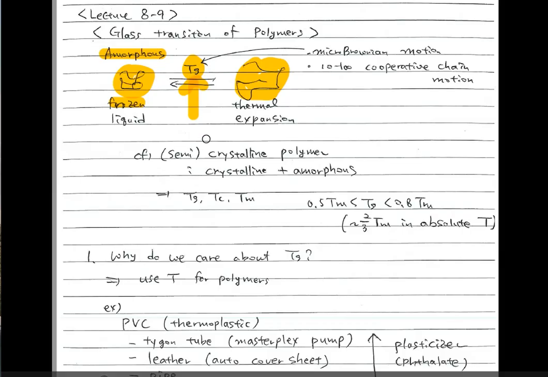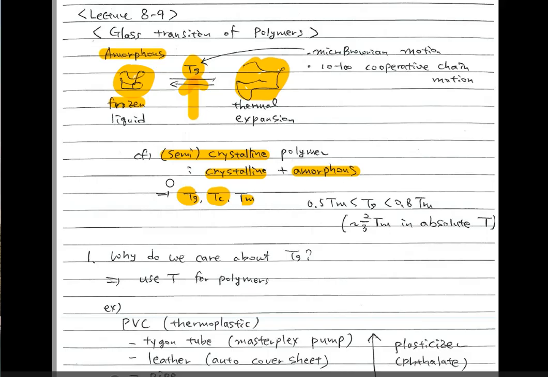On the other hand, as I just mentioned before, semi-crystalline polymers are not 100% crystalline. Some parts are crystalline and some other parts are amorphous. So crystalline parts have crystallization and melting temperatures, while amorphous region have glass transition temperatures.